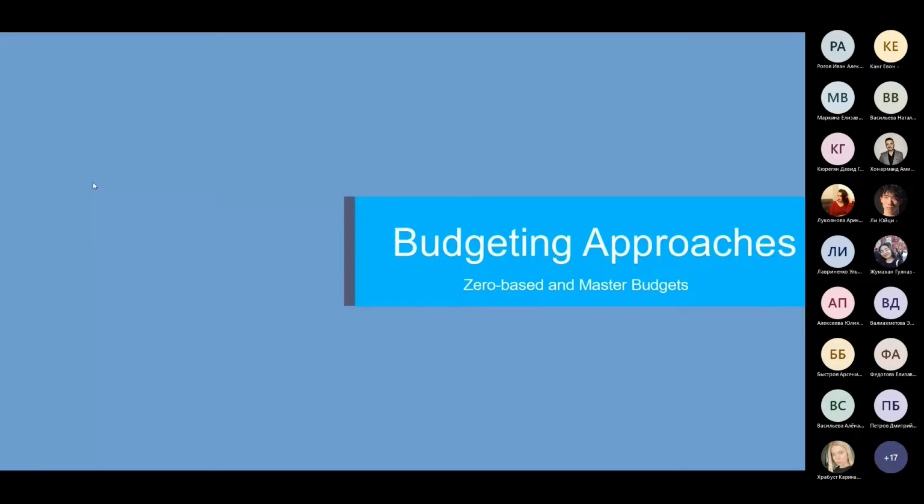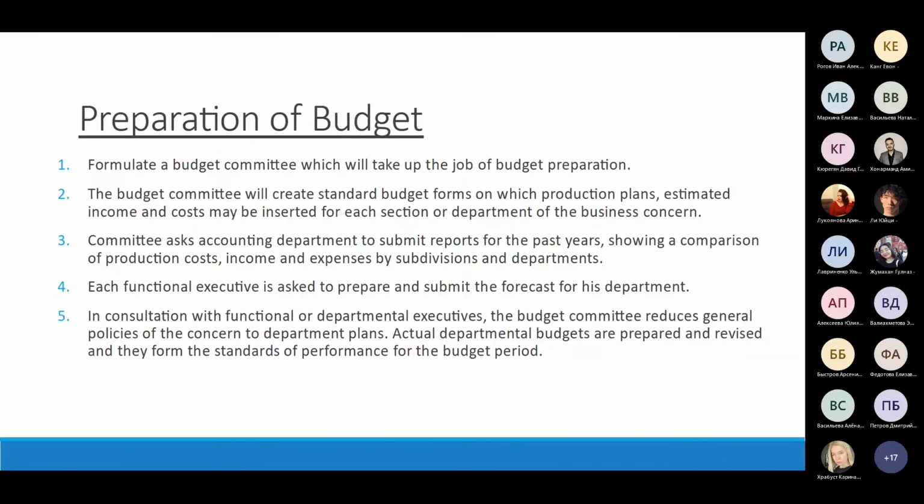Then we will speak about different approaches in budgeting from the historical perspective. We will speak about zero-based and master budgets. So to prepare the budget, we need to take some necessary steps.